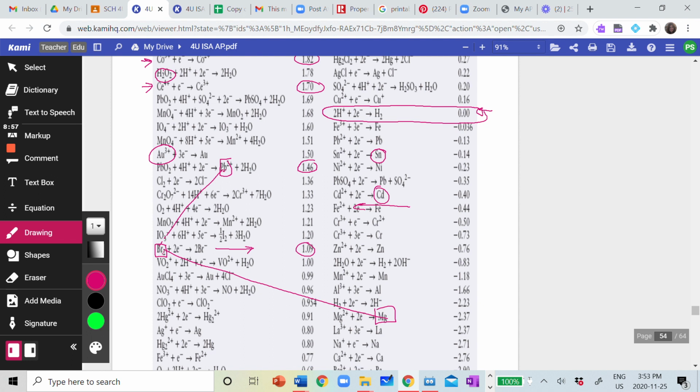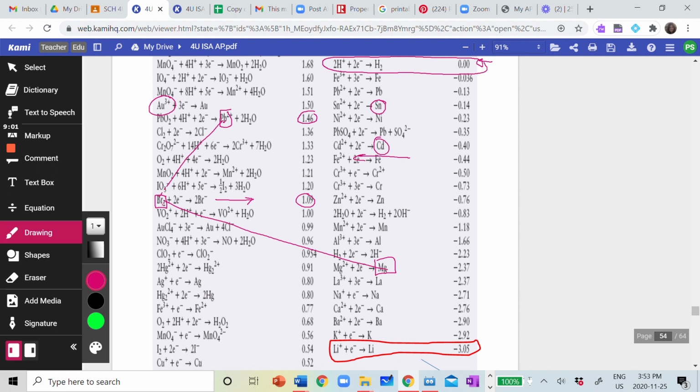And then you want to find who's furthest on the right side of the reaction. You could have silver reacting with sodium. If you had a choice between silver reacting with peroxide and silver reacting with sodium, reacting with sodium would produce the more spontaneous potential, because there'd be a greater difference in potential between them, because sodium is further down the list.